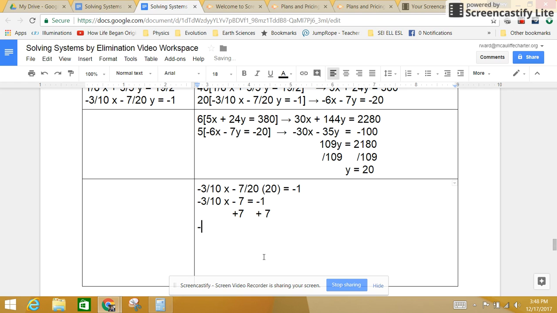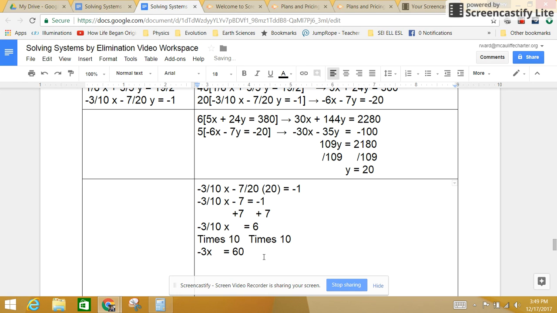Okay, now I've got negative 3/10 x equals 6. Now I'm going to make that really look like a fraction. Now I'm going to multiply both sides by 10. And that's going to be negative 3x, and that's going to be 60.